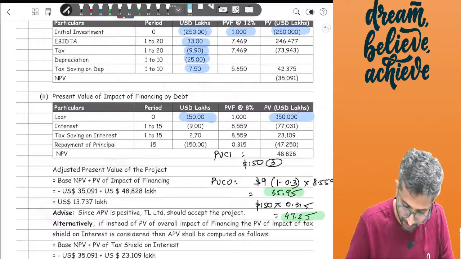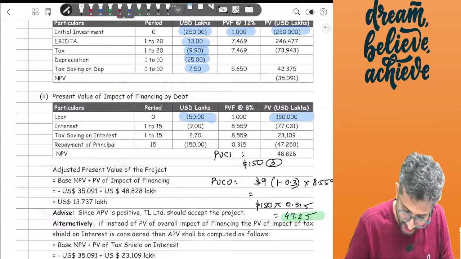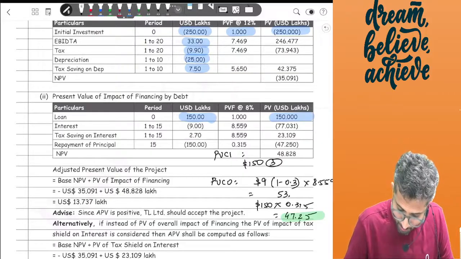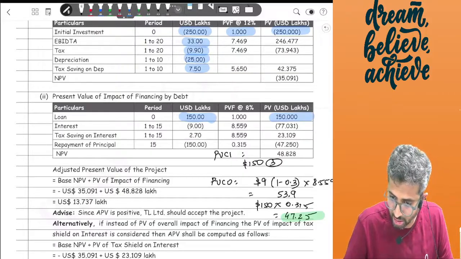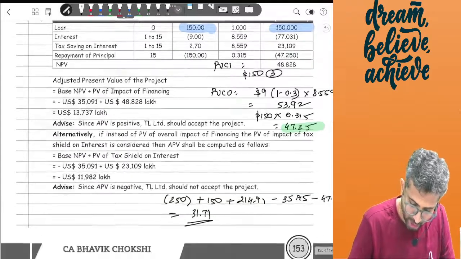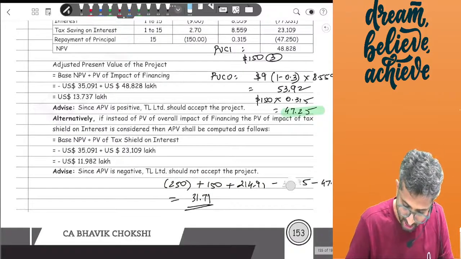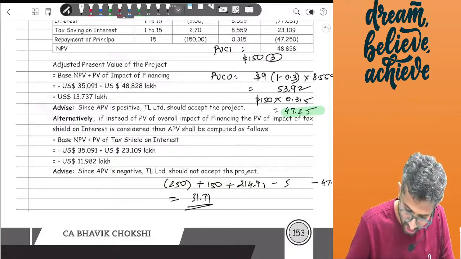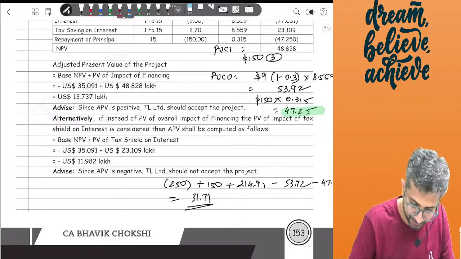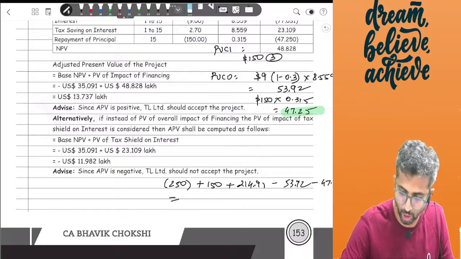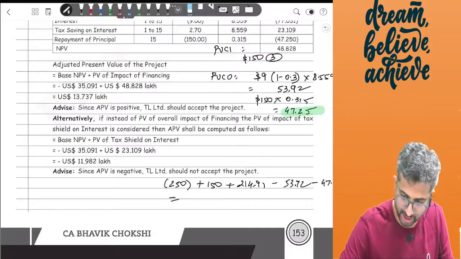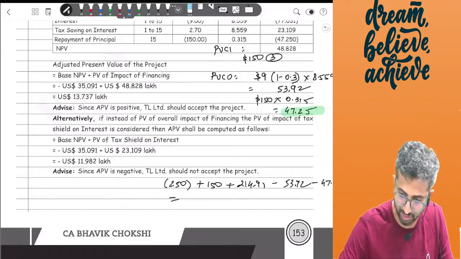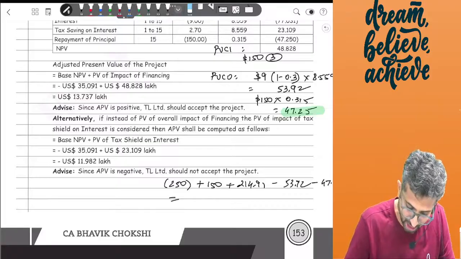This is around 53.92, so less another 53.92. And we pray to God that this matches, that there is no more calculation mistake. Minus 53.92 minus 47.25, and exactly 13.74.